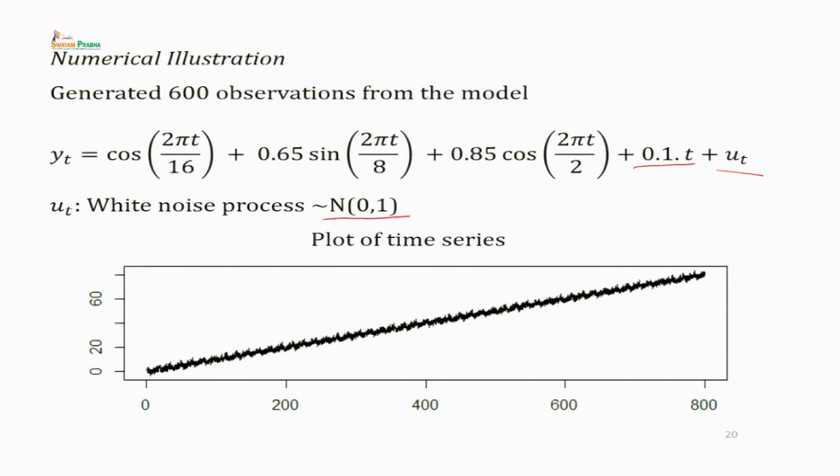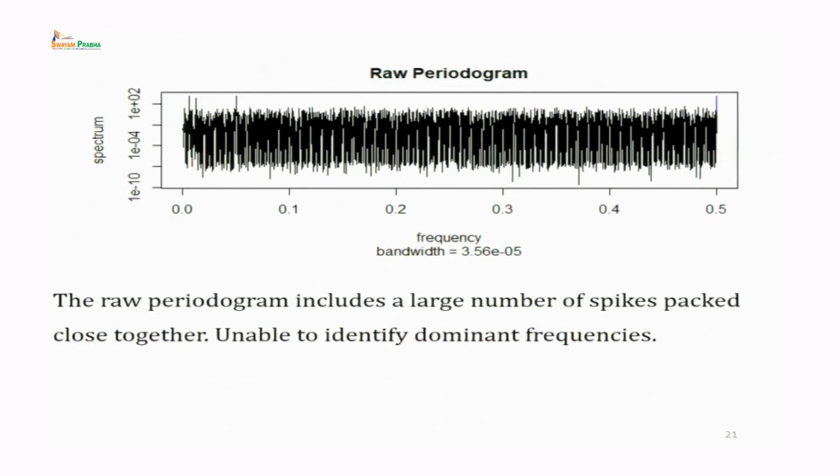But just by looking at the graph of the time series, you will not be able to say much about the dominant frequencies or periodicity. Then we have done the periodogram analysis, and this is the raw periodogram without smoothing, or without much smoothing.